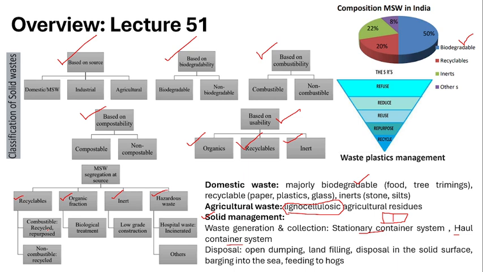The organic fraction goes through biological treatment. If the organic matter is rich, it can be composted with the help of microorganisms or living organisms like earthworms. After biological treatment, the product is obtained and used in any other form. Coming to inert material like gravel, sand, and stones, these cannot be converted to any other form, so they can be used for low grade construction activities.